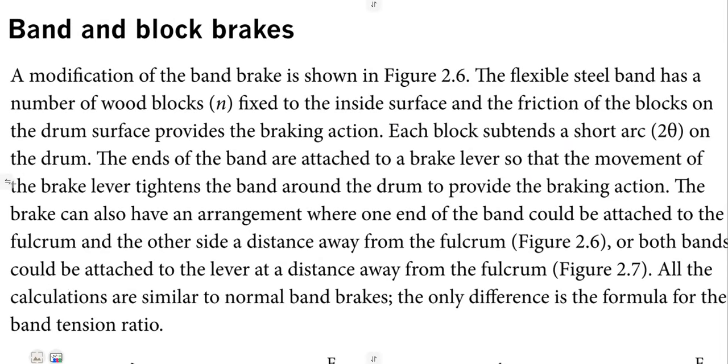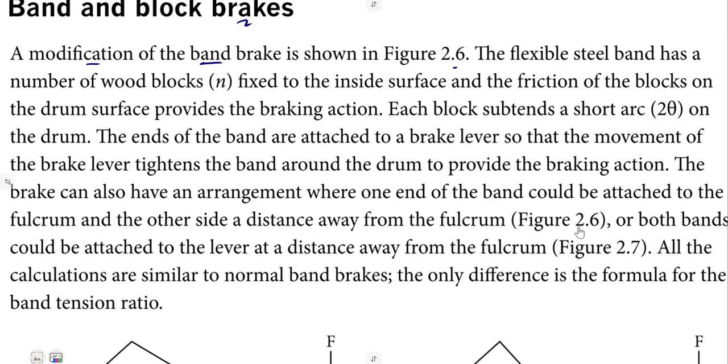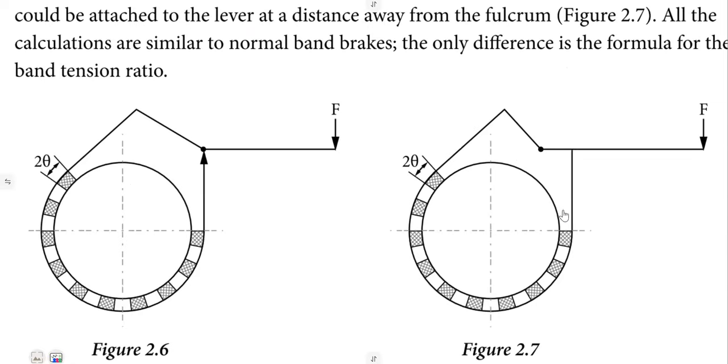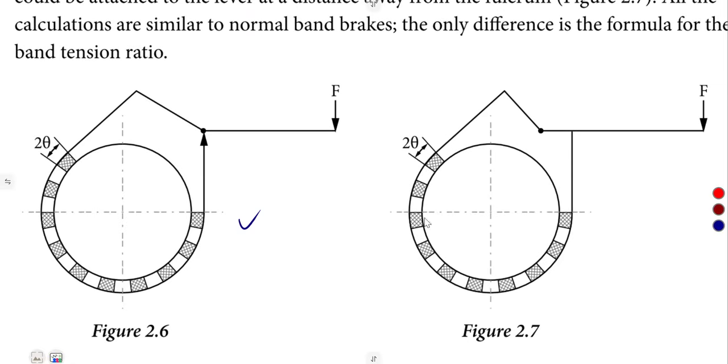The band and block brake, if we are to consider this, a modification of the band brake is shown in Fig 2.6, which is here. All right, this is what we have.